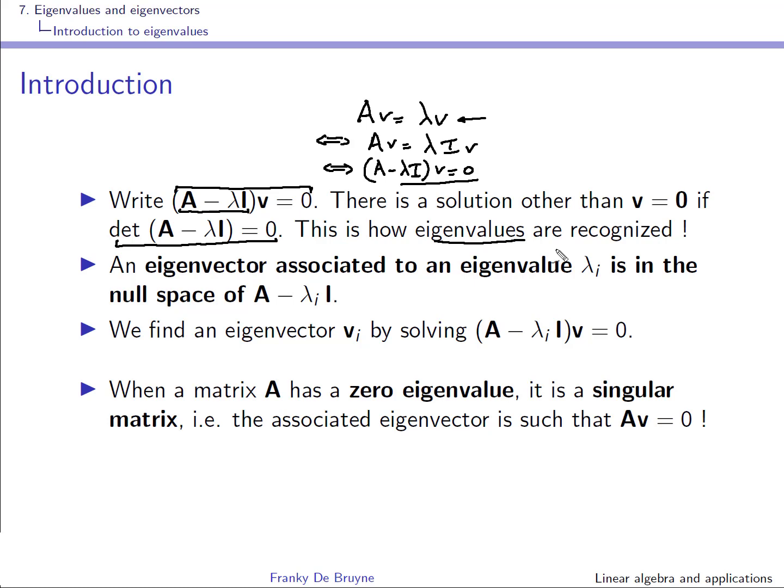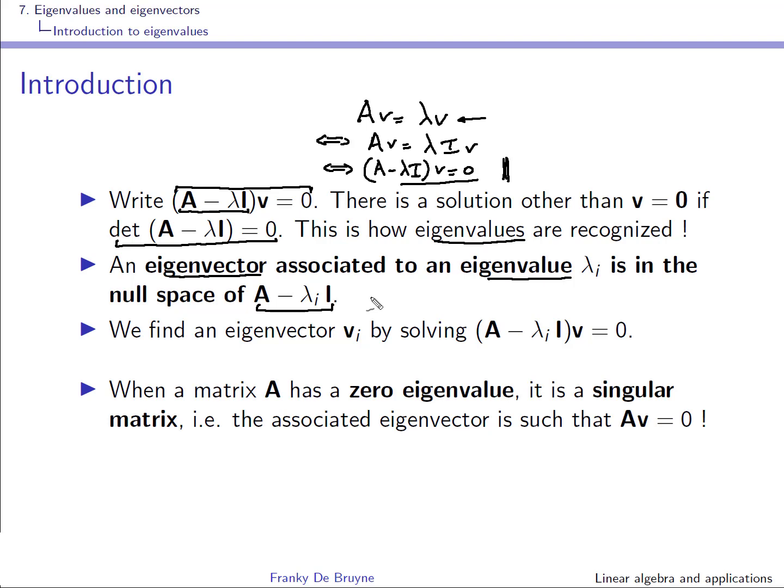Another way of looking at this equation over here is that you say that the eigenvector associated to the eigenvalue is in the null space of this particular matrix over here.